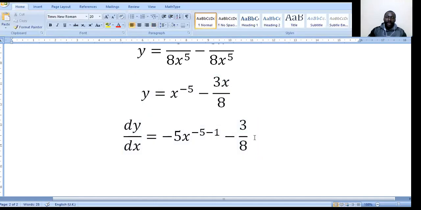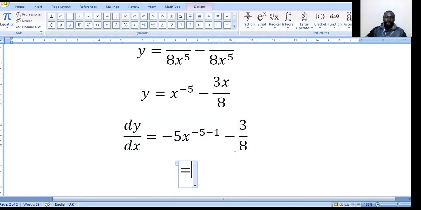So we can then go ahead to simplify this one. This is going to be -5 now, like this. Then x raised to the power of -6. That's what we now get. Like that. Okay, minus 3/8.